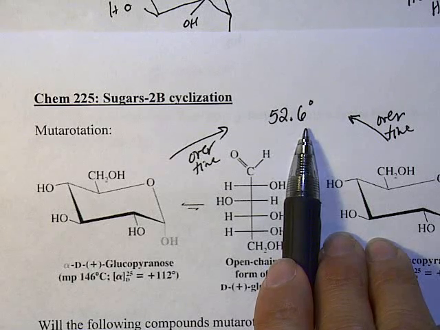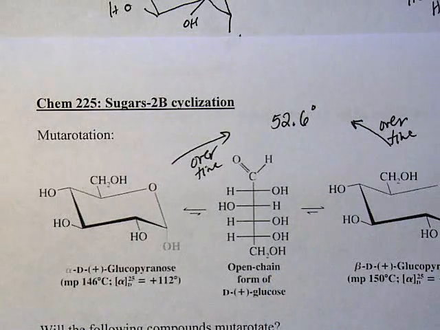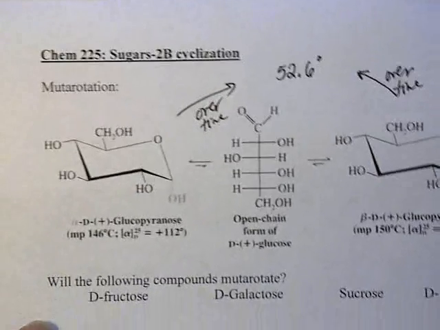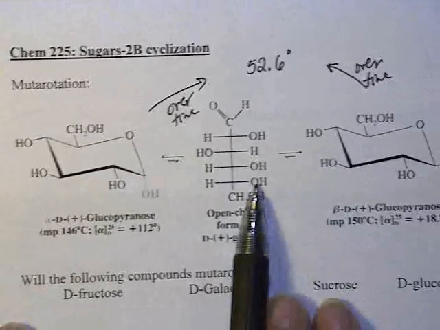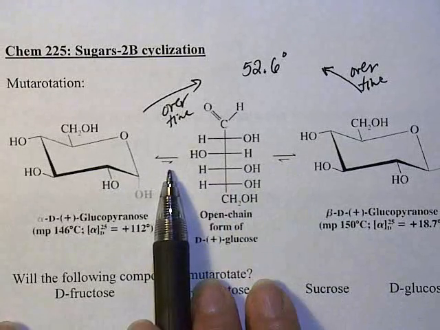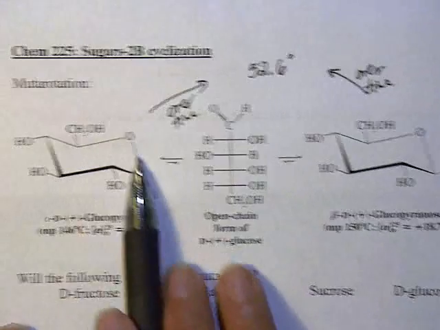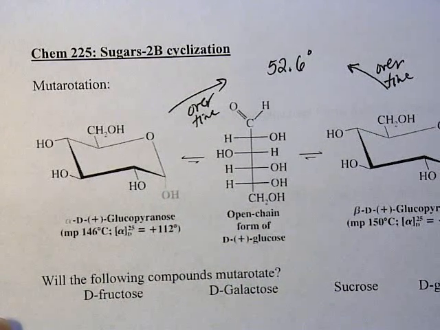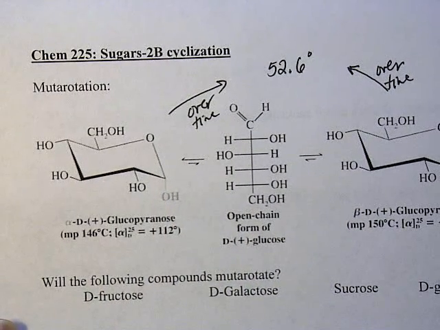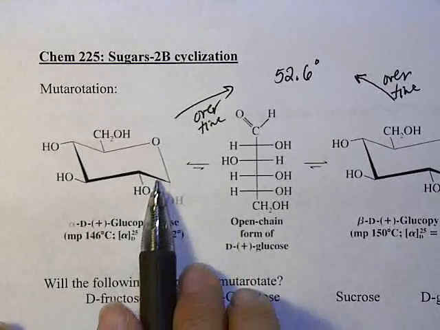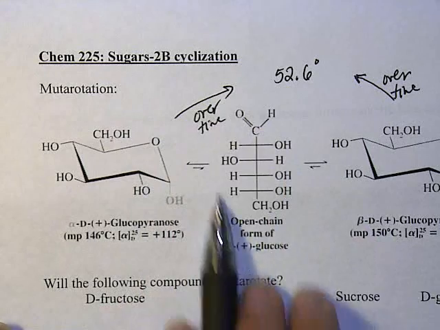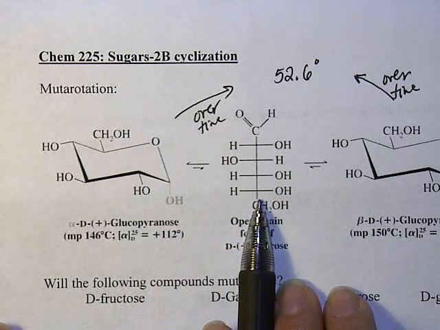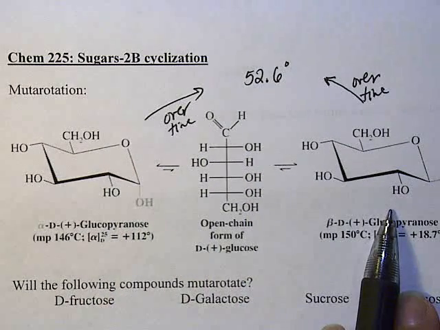Okay, so what is this phenomenon and why does this happen? All right, so that has got to do with the equilibrium that is shown here, right? So you know that hemiacetals don't stay just hemiacetal, but it's an equilibrium process in which this cyclized version could go back to the straight chain for either one of the diastereomers.